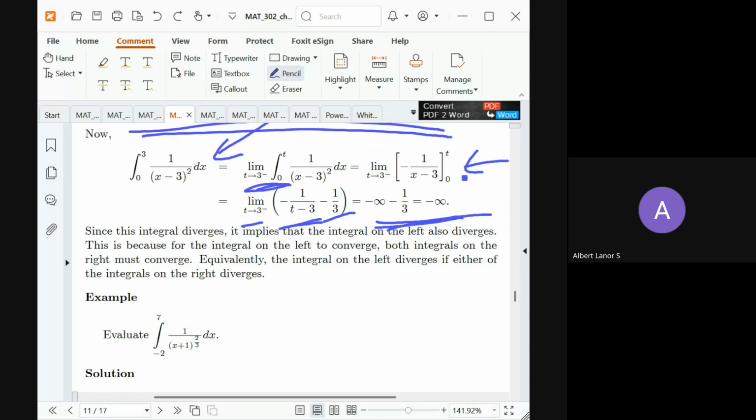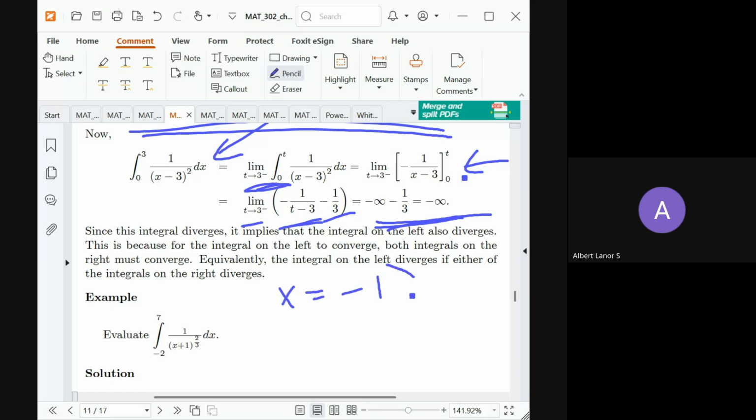Now, in this example, we are integrating the function 1 over (x plus 1) to the power 2 over 3. Now, at which point is this function not continuous? This function is not continuous at the point x equals minus 1.